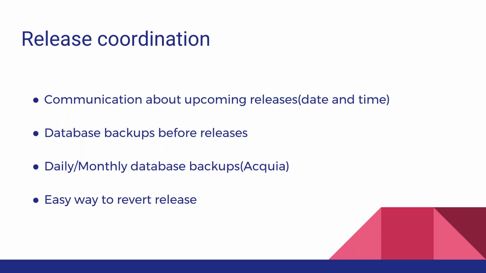Also, we have some strict rules in regards to the release. First of all, we should communicate about the upcoming release with the team, with project managers, and most importantly, with the client. We should get a green light from the client that we can make a deployment on a specific day at a specific time. Of course, it should be during non-business hours.